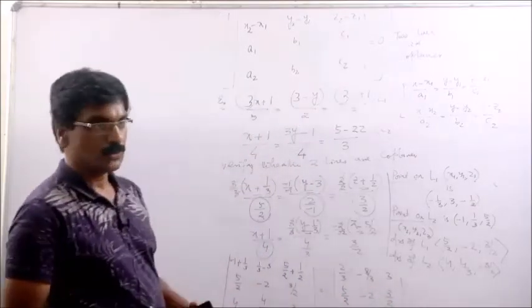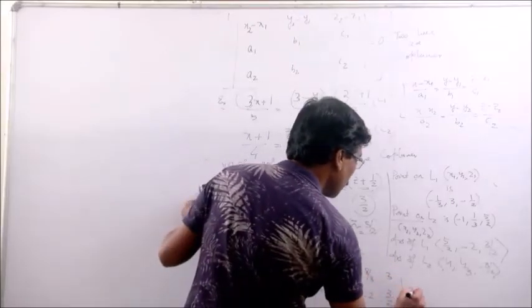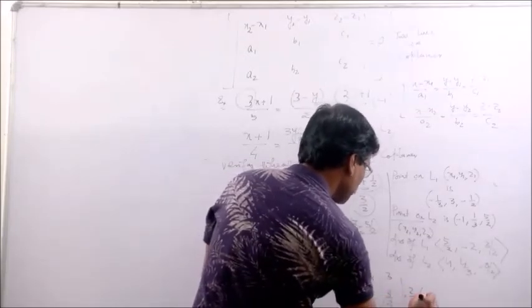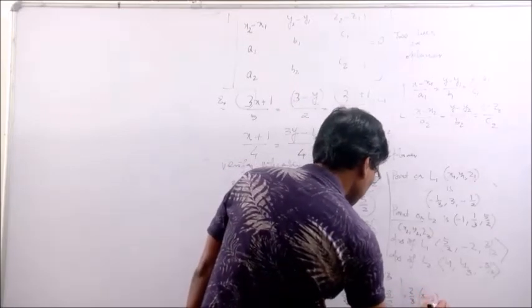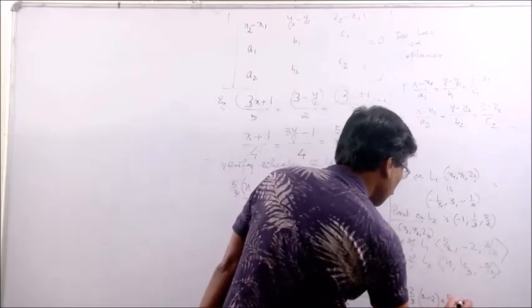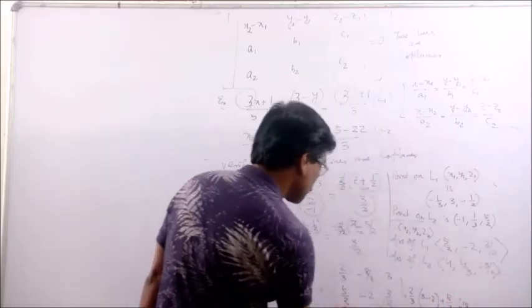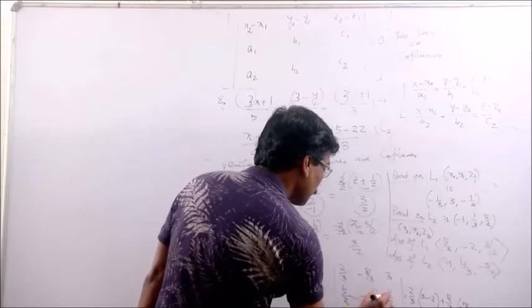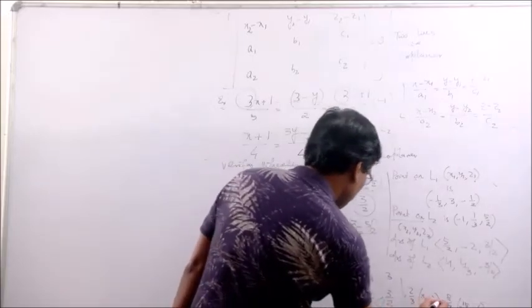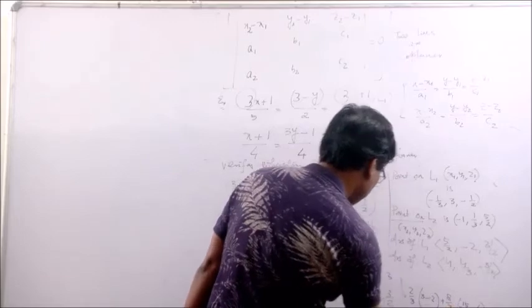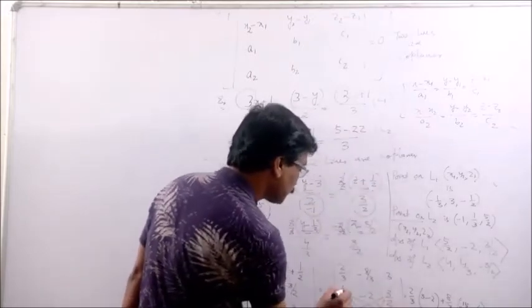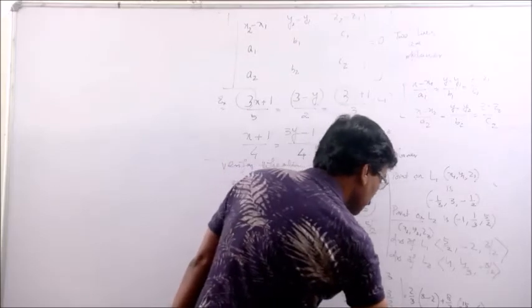We can expand this determinant by 2 by 3 into 3 minus 2, plus 8 by 3 into minus 15 by 4 minus 6, plus 3 into 20 by 6, 10 by 3 plus 8.